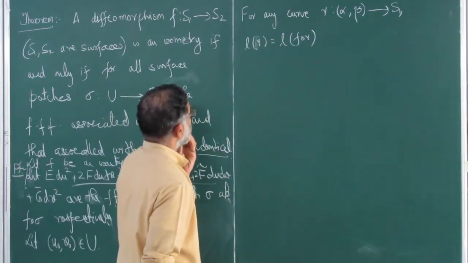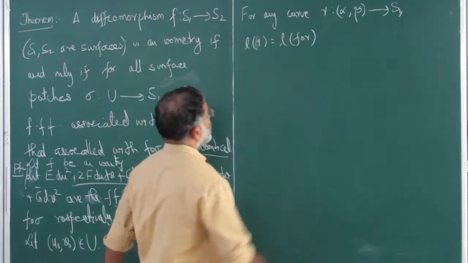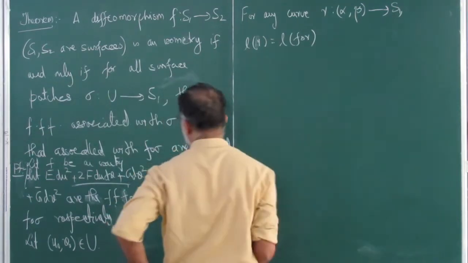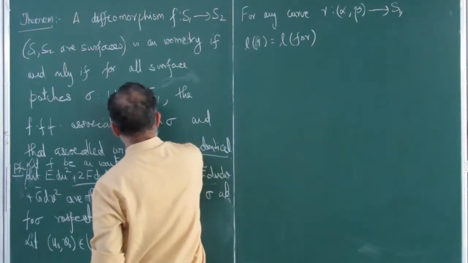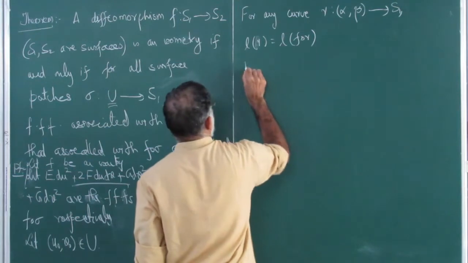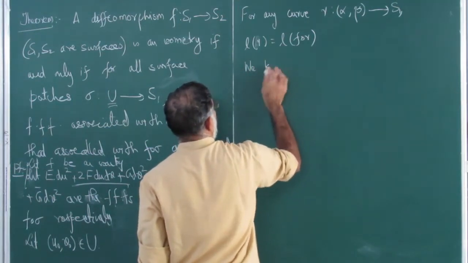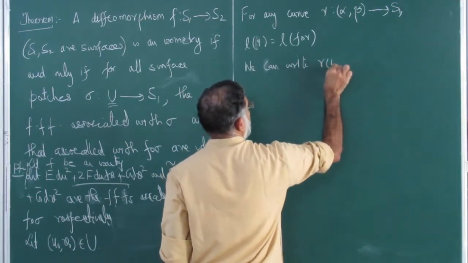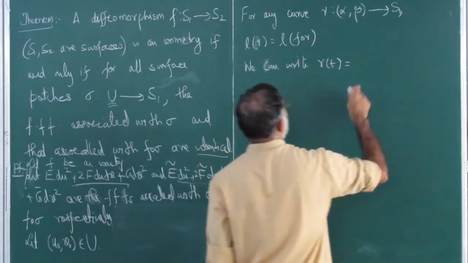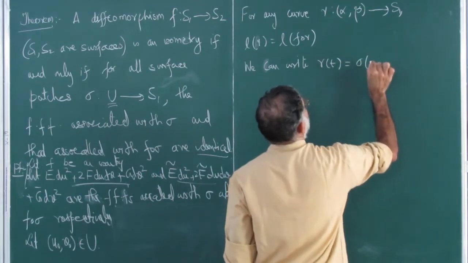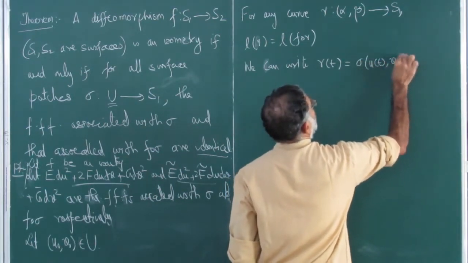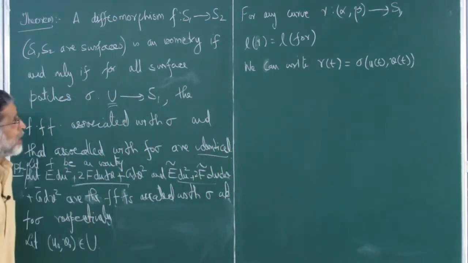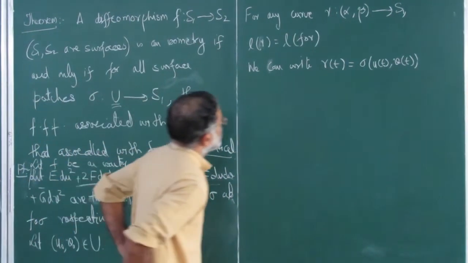We also know that if you are given any curve, then you can get a curve u(t), v(t) such that we can write gamma(t) is equal to sigma(u(t), v(t)). This we have seen.